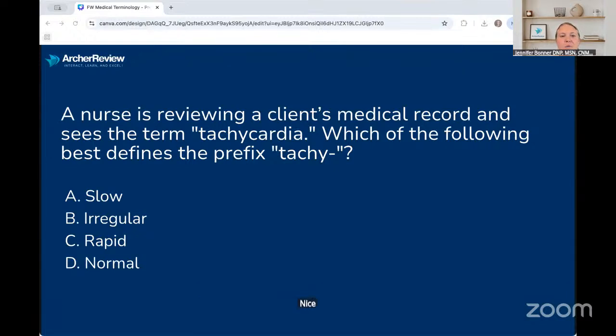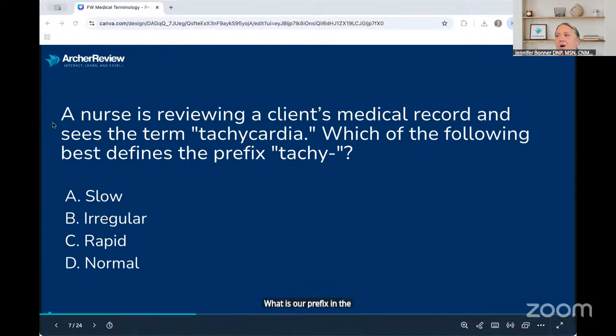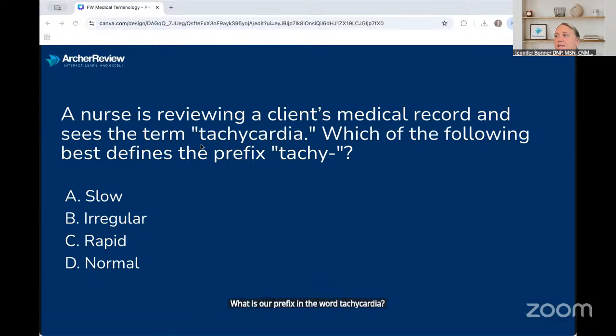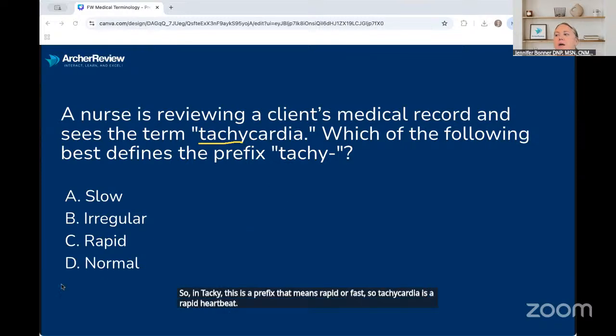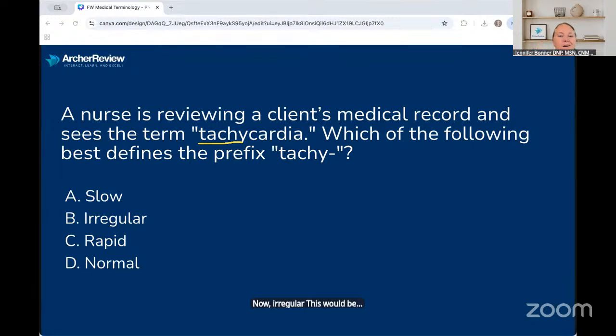Nice work. So when we look at the word tachycardia, what's the prefix there? Tachy, you got it. Tachy is a prefix that means rapid or fast. So tachycardia is a rapid heartbeat. Irregular is not tachycardia.